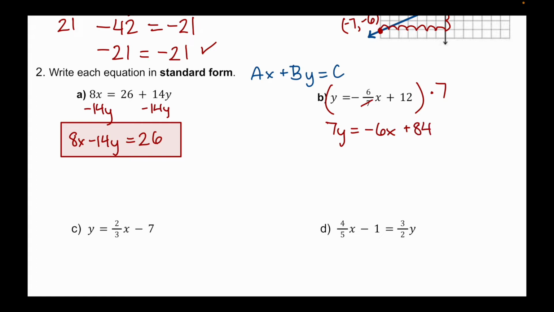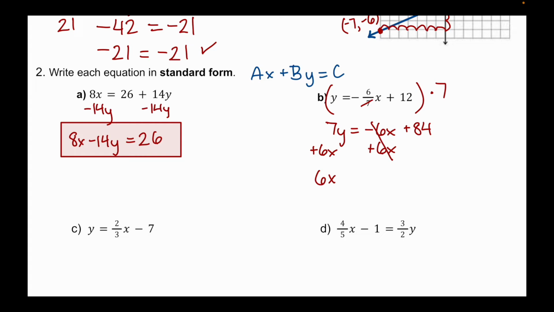Now from here, it's just like question 1, where I just need to move one term over to the appropriate side. And I'm going to move the 6x here because I need to add it to both sides to get rid of it here. And it is good practice to write your terms in alphabetical order.